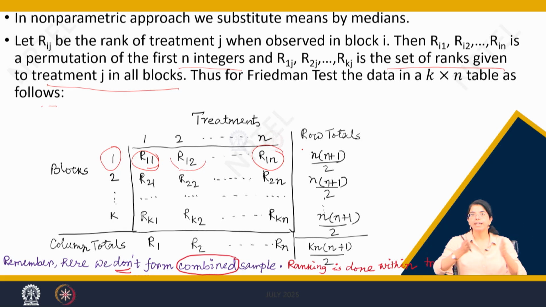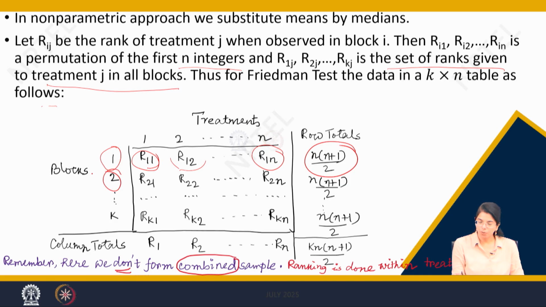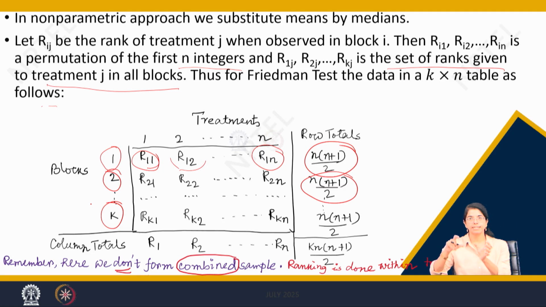That means when you add all the ranks, it will result in n into n plus 1 by 2. Similarly, for block 2, the row total will be n into n plus 1 by 2, and so it is for block k. Clear? So we are ranking blockwise. That's what you have to keep in your mind.